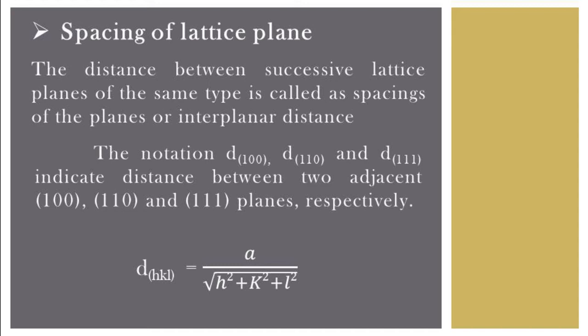The spacing of lattice planes can be calculated using the formula d_HKL equals a upon under root of h square plus k square plus l square, where d_HKL is the interplanar distance, a is the length, and h, k, l are the Miller indices values.